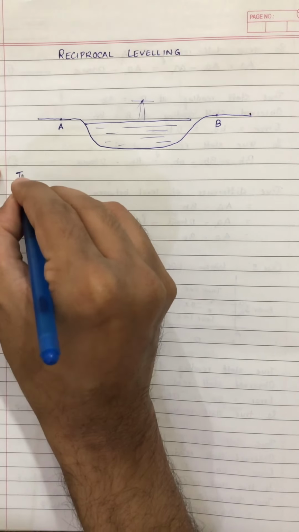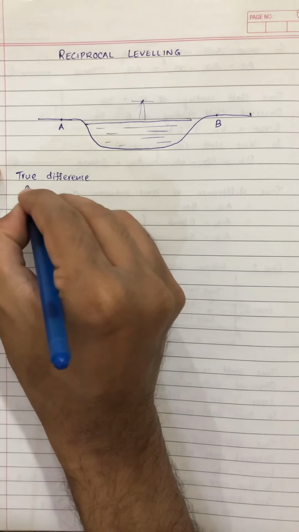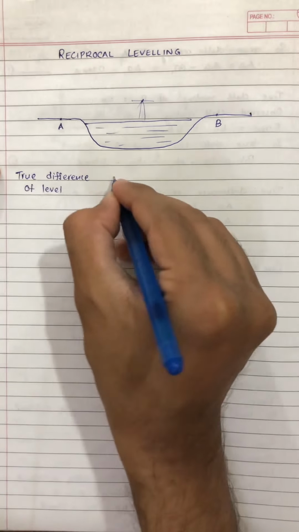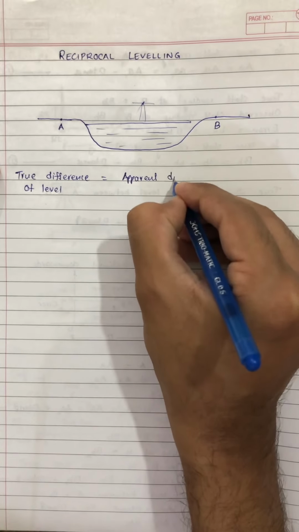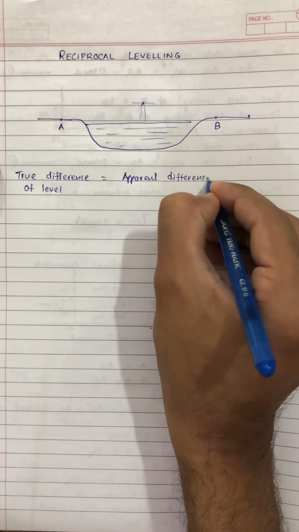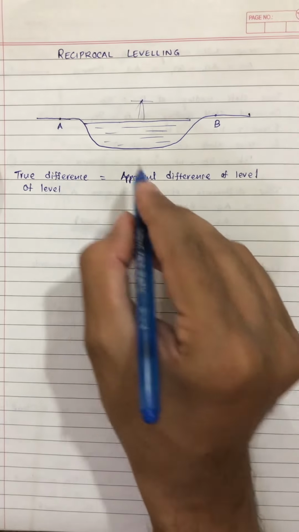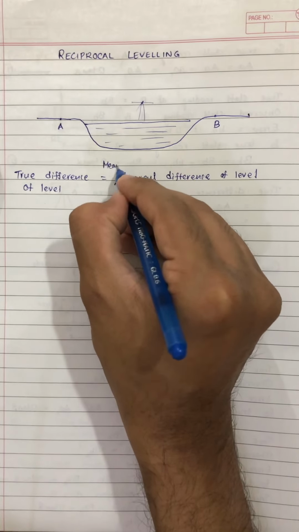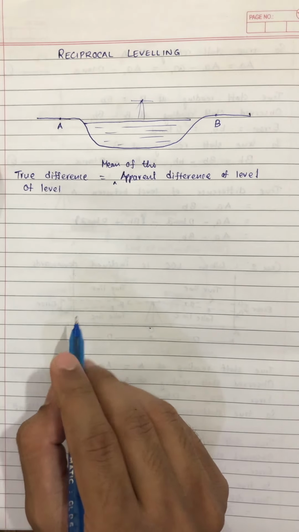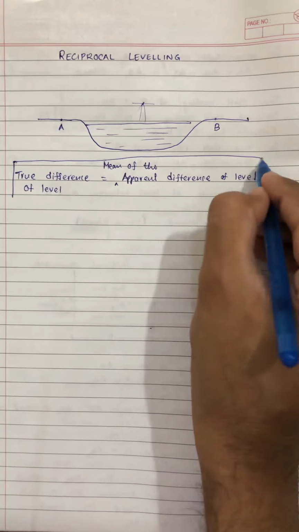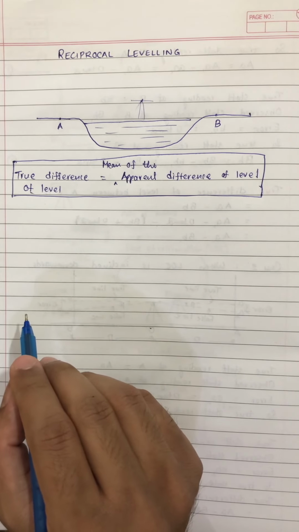Okay, so in this case, the true difference of level will be equal to the mean of the apparent difference of level. For this we have to derive a relation.